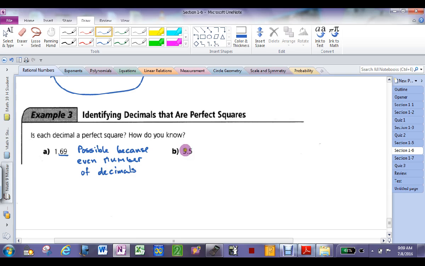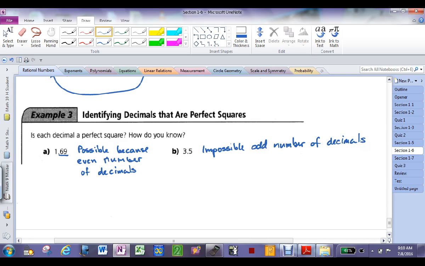What about this guy? Is this possible? No, this is impossible. Why? Because it's got an odd number of decimals.